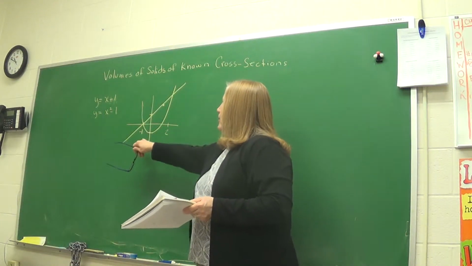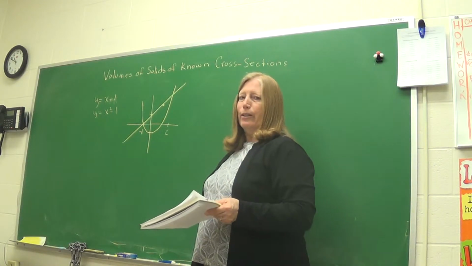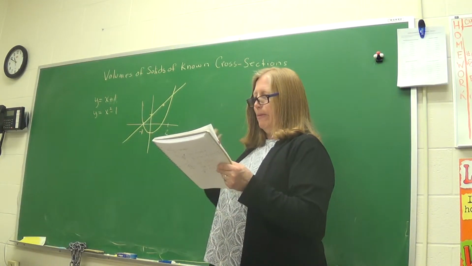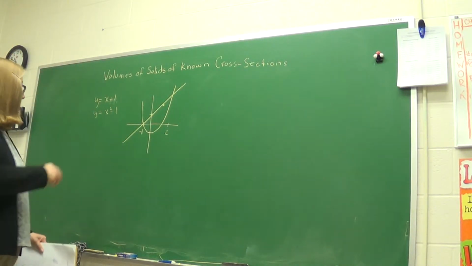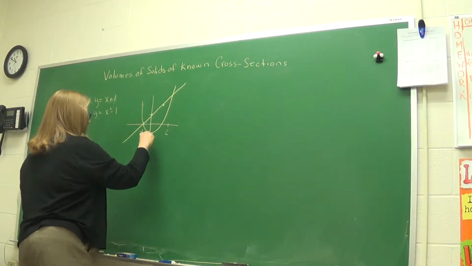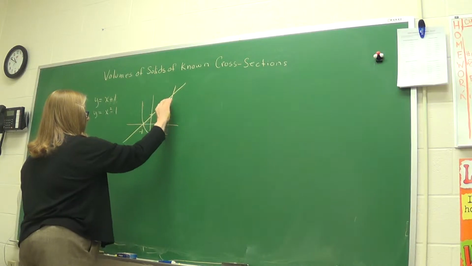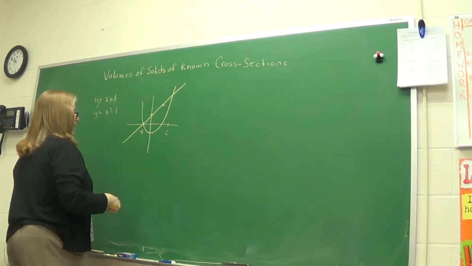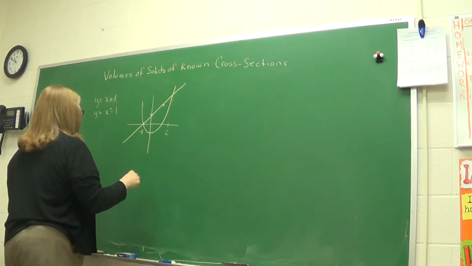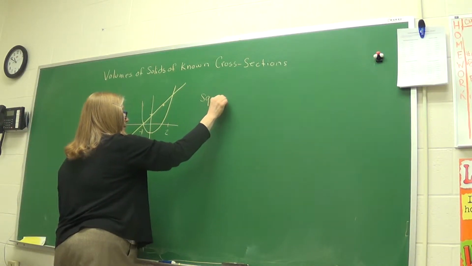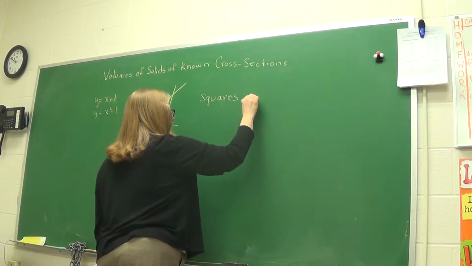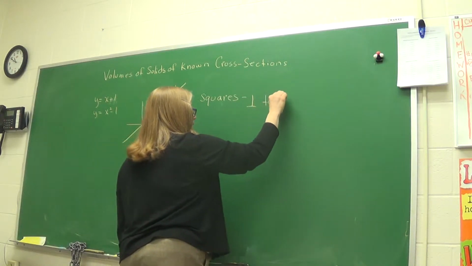So I put in the x values of the intersection points, and now I'm going to create a figure from this area that's bounded by these two curves, and this figure is going to have cross sections that are squares which are perpendicular to the x-axis.